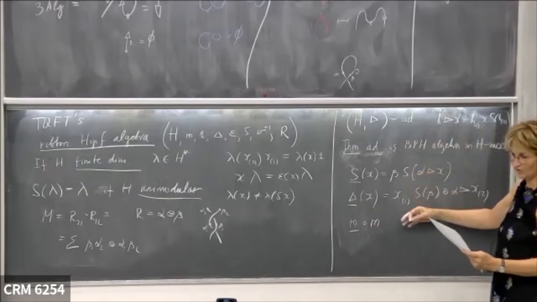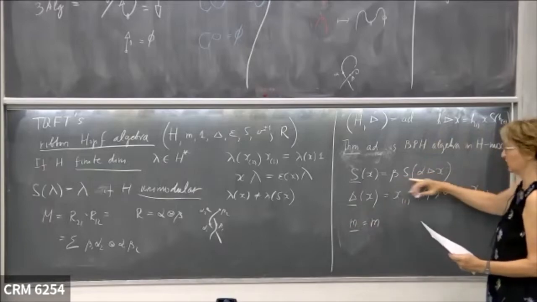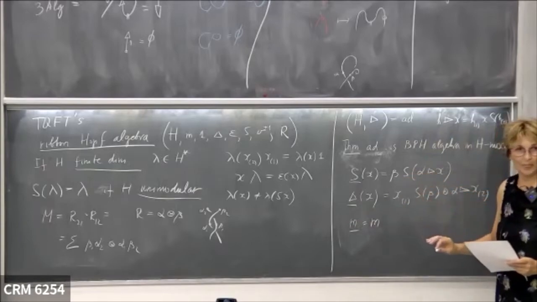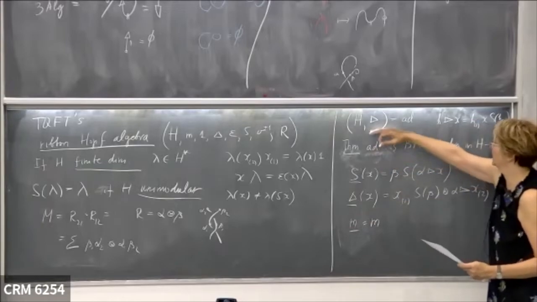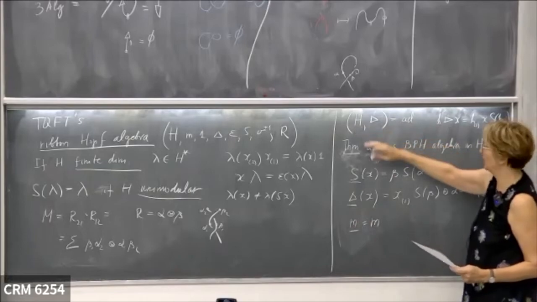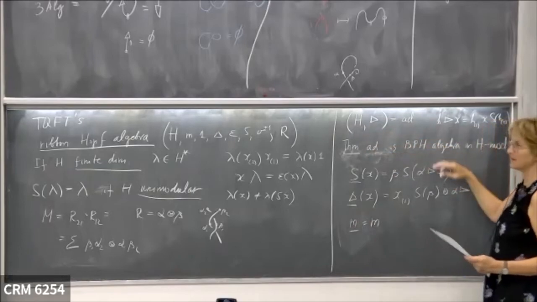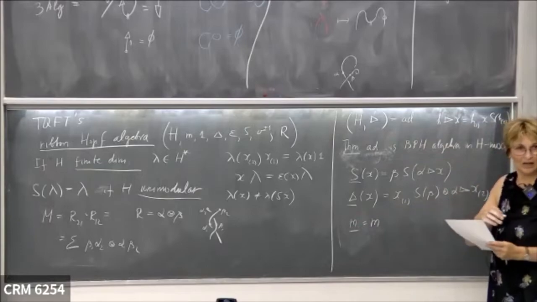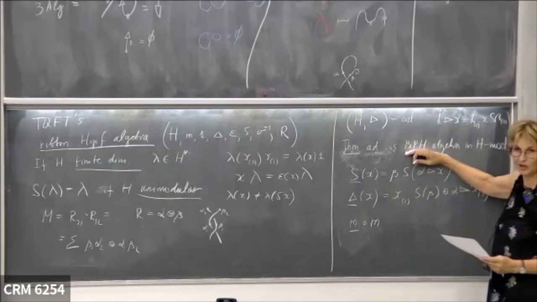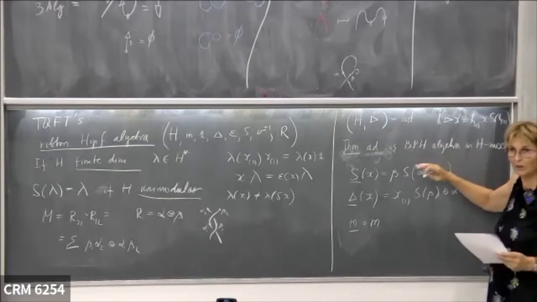And with these two and S minus one, it's similar. I am not writing it down. But with this transmutated structure, H as a vector space with adjoint action is a BPH. So this means we have tons, really a lot of these BPH algebras. We have very many of them.